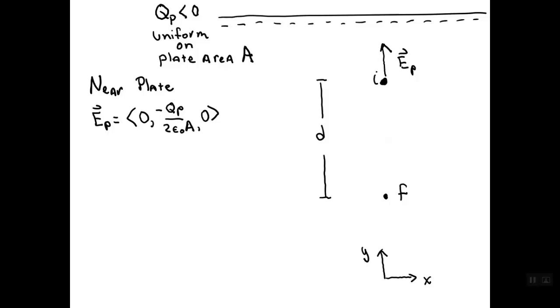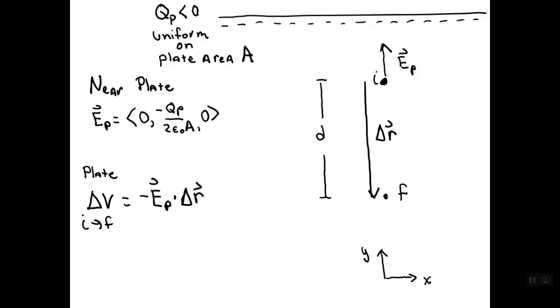We notice that this E field is constant, so the change in electric potential for the plate is just minus the scalar product of that electric field with delta R, the displacement vector that points from I to F. Here's how to write down delta R in this coordinate system.